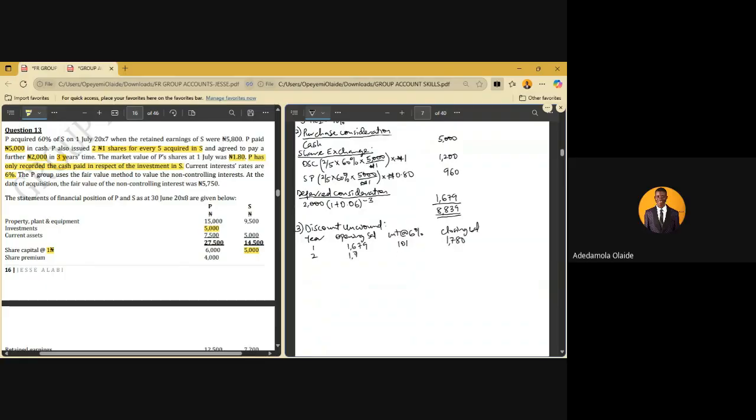Year 2, the opening balance would be 1,780. 6% of that will give us 107.